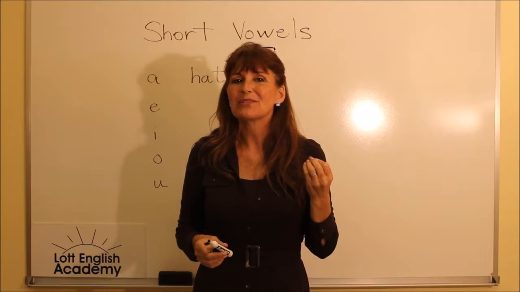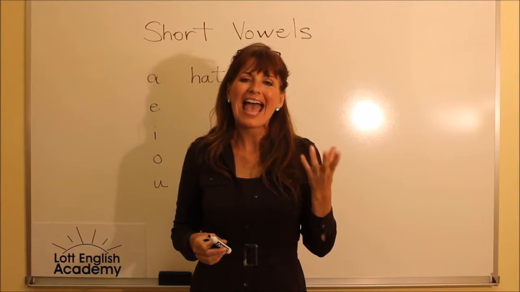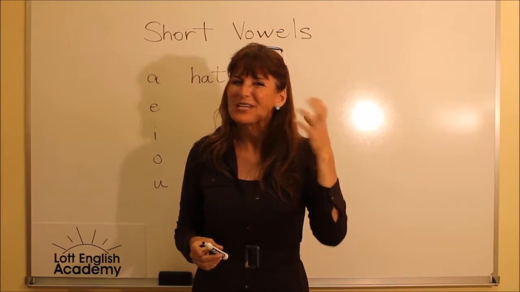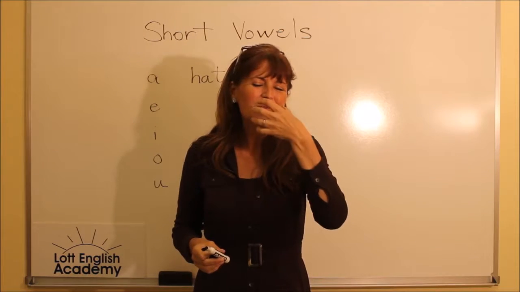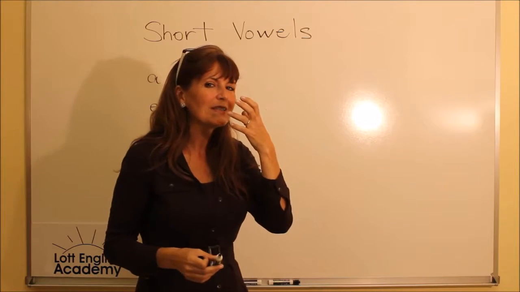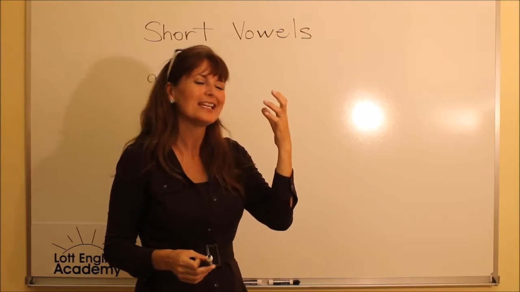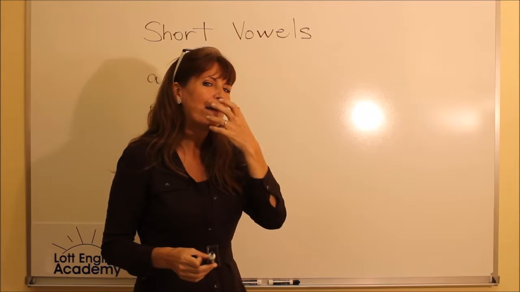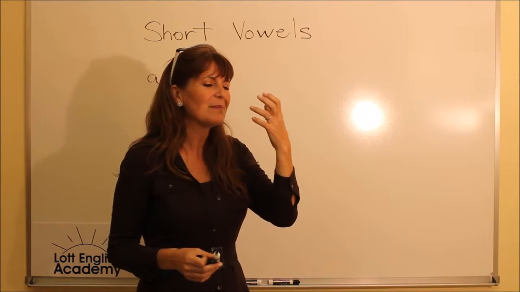A lot of times, students learn the sound a with the word apple, the fruit, red or green, big fruit, right? If you imagine that you're holding an apple in your hand and you want to take a bite of this big, juicy, delicious looking apple, you're getting excited about the apple, right? So you open your mouth very big.